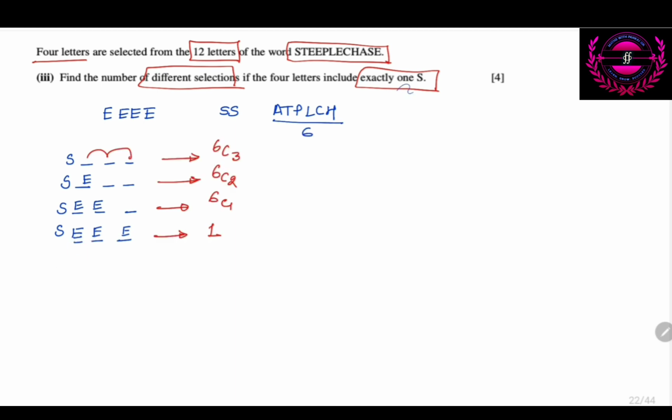Okay, so we have to select exactly one S, and we are done with it. And for the total number of ways, we will add them up, and this will give us the total ways. Let's move to the next question.